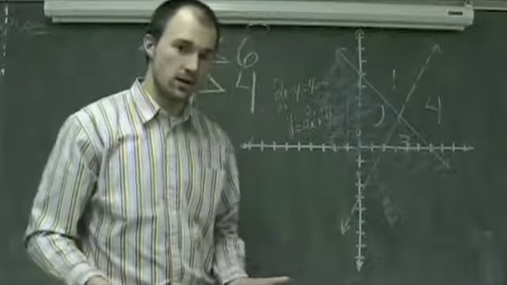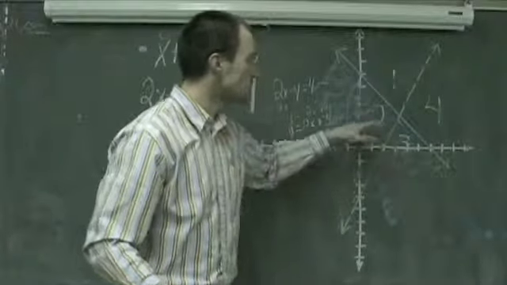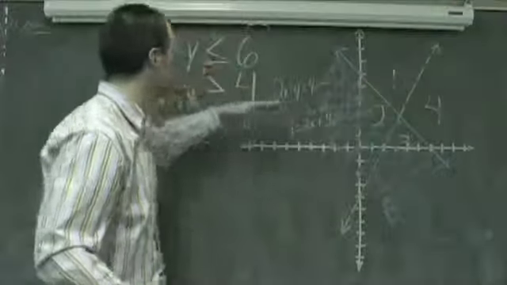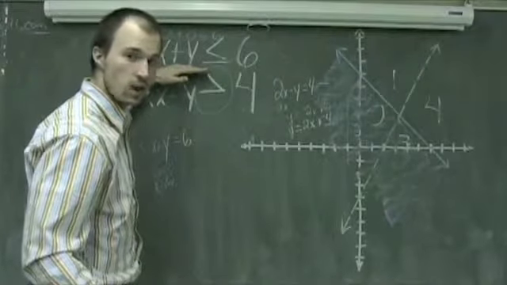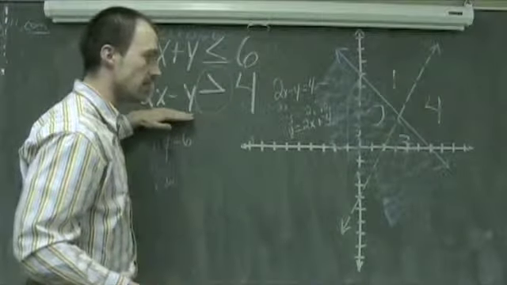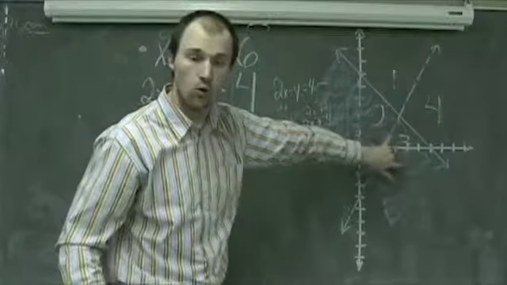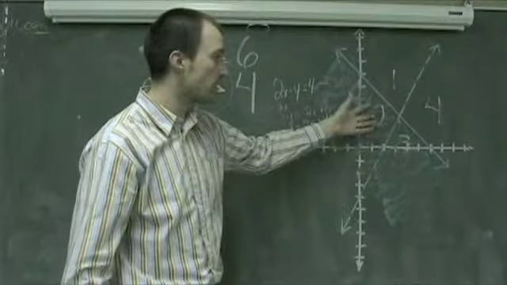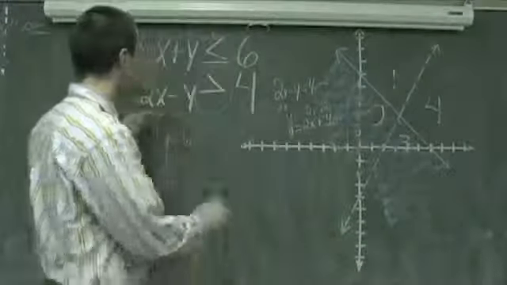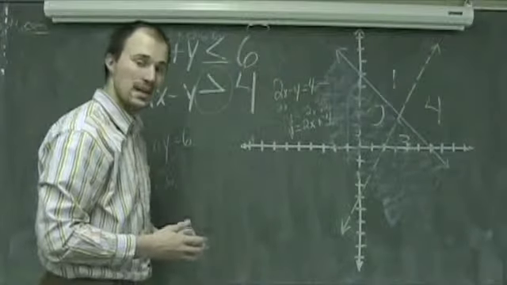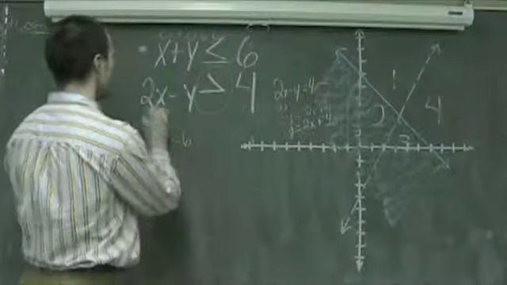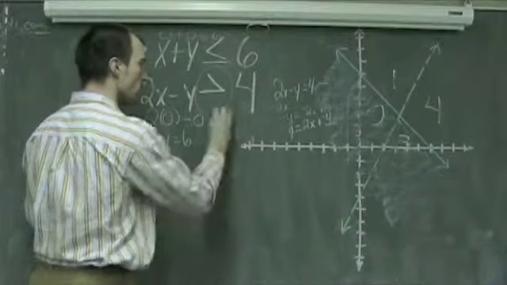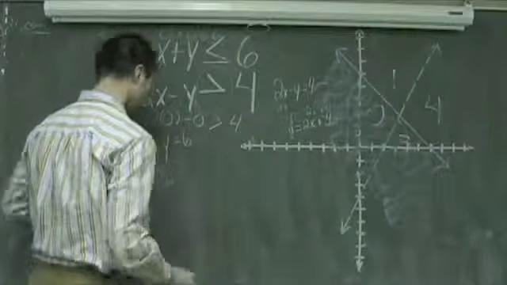We've now limited ourselves to simply two regions, region 2 and region 3, because we know that region 1 and region 4 don't satisfy our first inequality. Now, we test a point in either region 2 or region 3. Because I already have the point (0, 0), I'm going to test for region 2 to see if that will also be true for my bottom inequality. I'm going to see if 2 times 0 minus 0 is greater than 4.